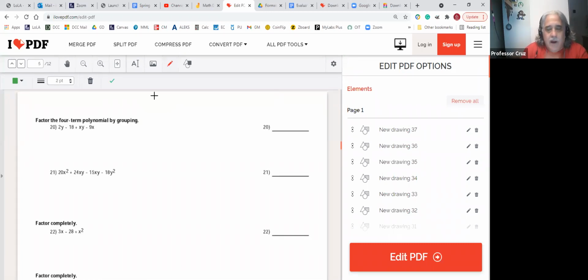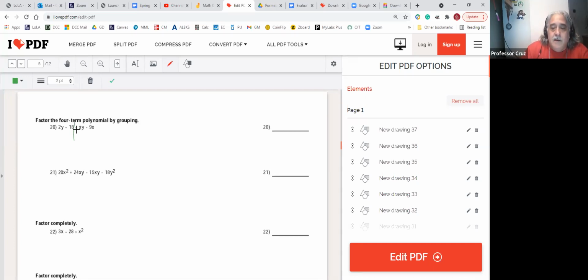Okay, so what we've got here is factoring by grouping. And this is important because this can help us with the factoring of the certain quadratics. Remember the ones that they call the AC method. Let's just kind of go over this a little bit. Remember, the first thing you want to do is break them in half, 2 on each side.